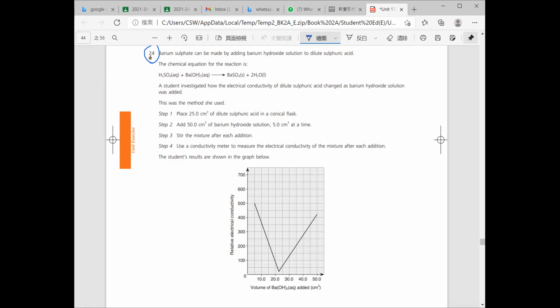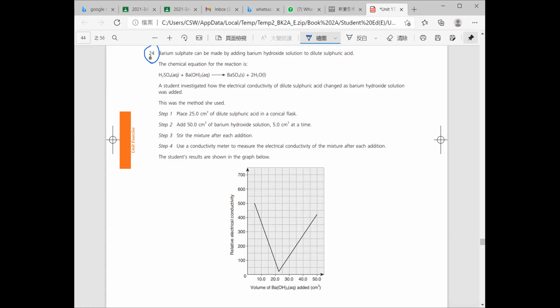All right, finished. Now, these questions involve monitoring the difference in electrical conductivity, right? So the question would be this: the barium sulfate can be made in exactly the same scenario as the one you see in the textbook. Check the physical quantities, right?